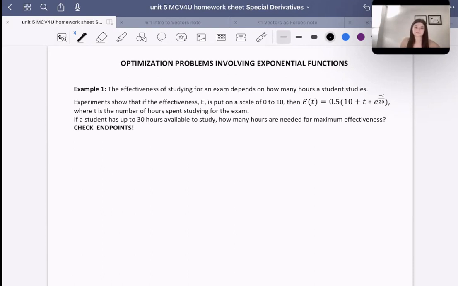So to find the max, we're going to set E prime of t equal to 0, right? We need to set the derivative to 0. Okay, so let's do it.